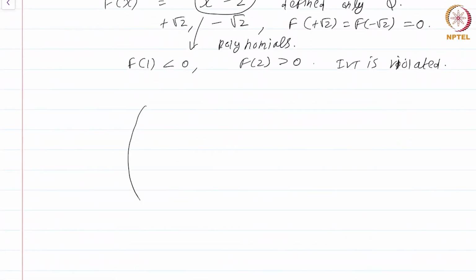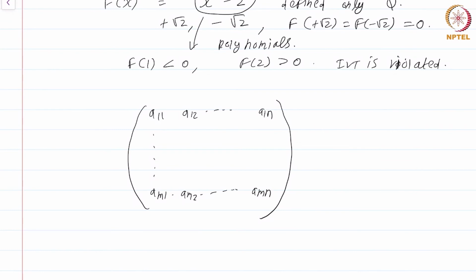Let's take a matrix. A matrix is just a rectangular array of numbers. So let's take a11, a12, ..., a1n, and am1, am2, ..., amn, an m cross n matrix.